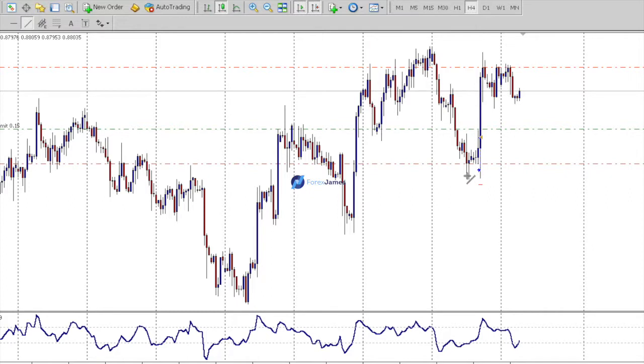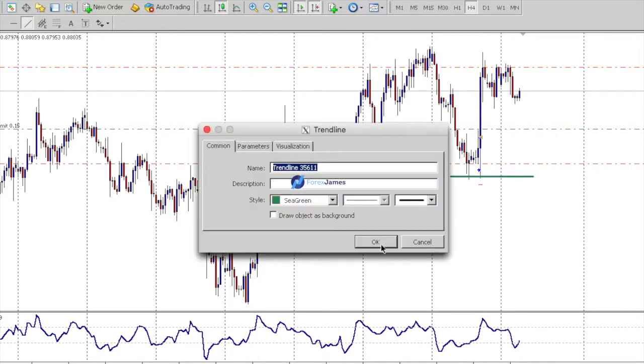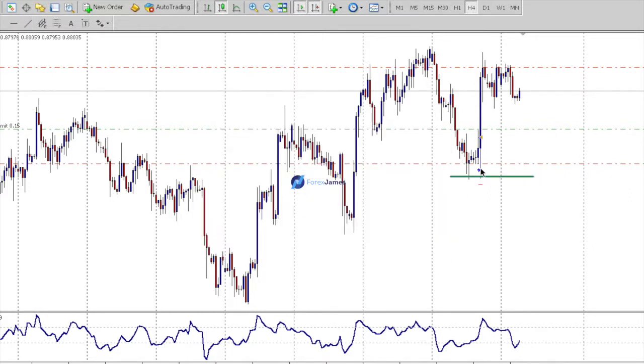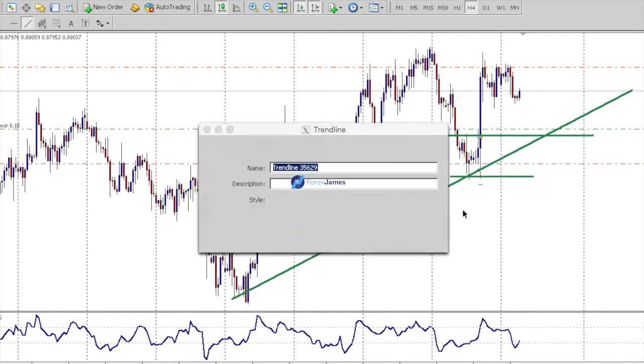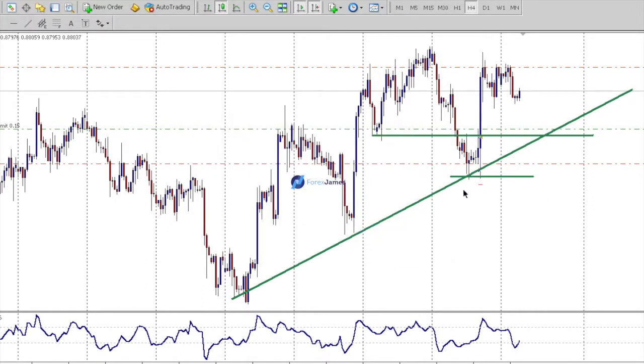Here is a chart of the Euro Pound. This was a trade I placed earlier on. So the analysis was that we're in a range here, and I had a bullish bias to the upside, and I'm seeing this area here as a PRZ.